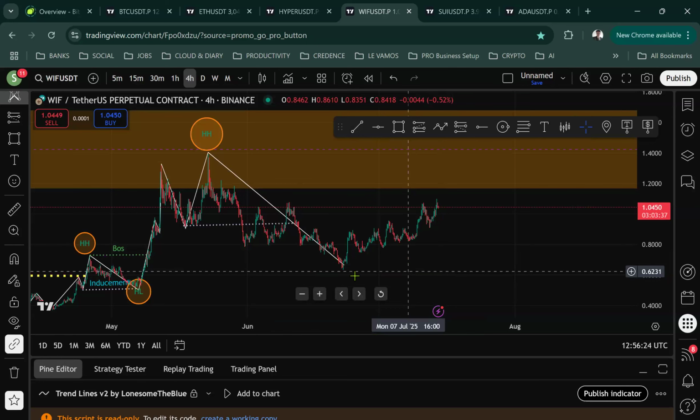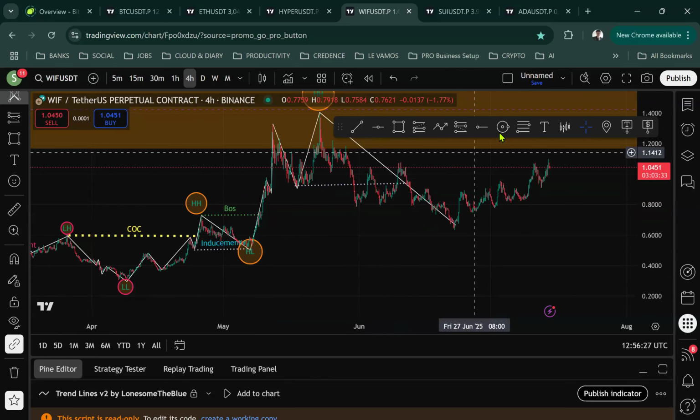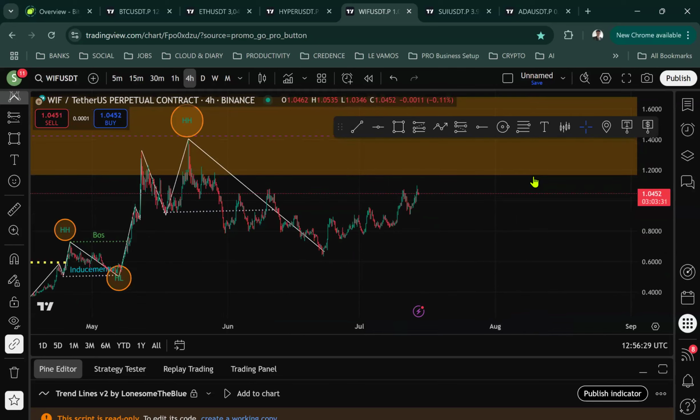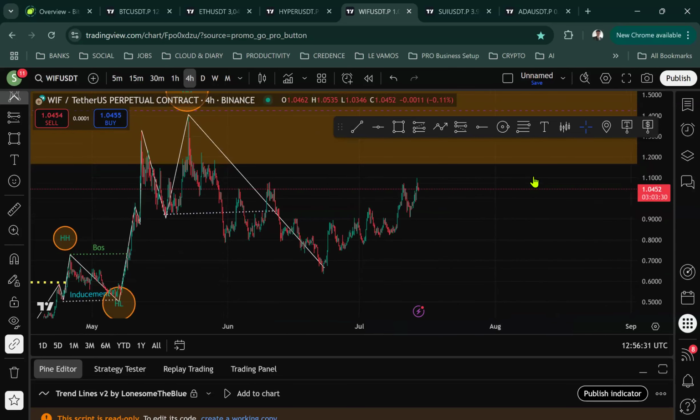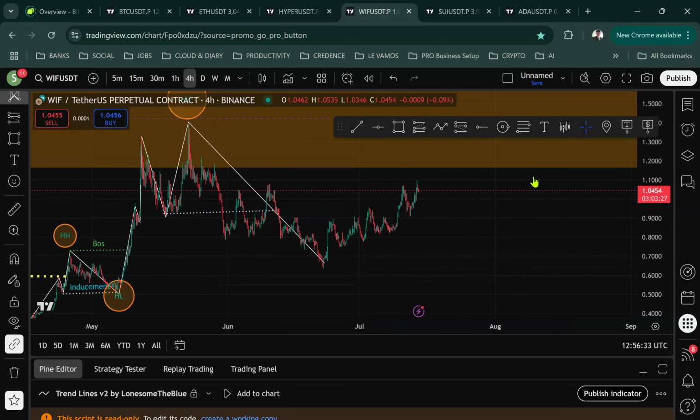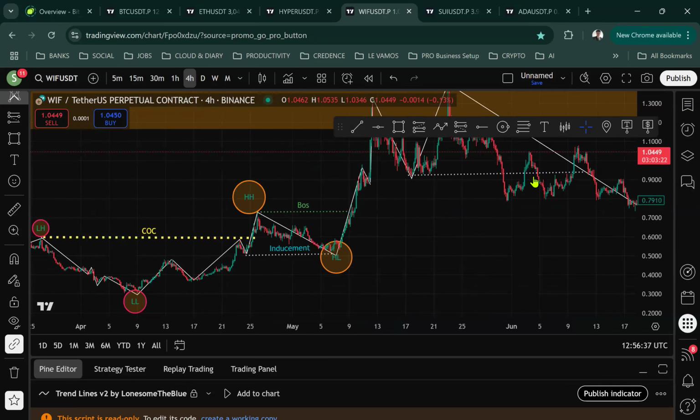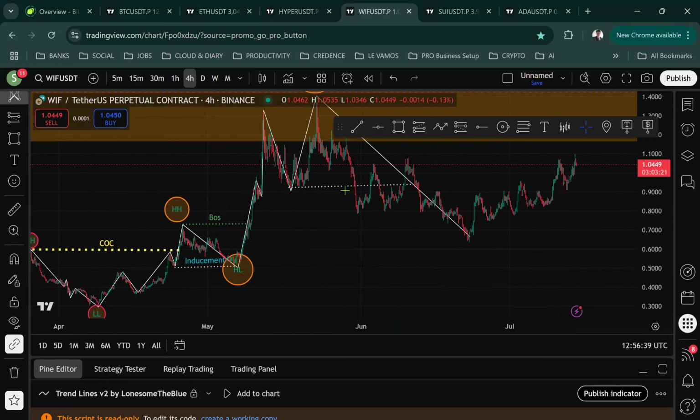Usually for the valid zone, we'll go to the higher low, the last higher low. So this is the one, this is the low. In that case, I will draw it like this, then you check, is there a fair value gap?